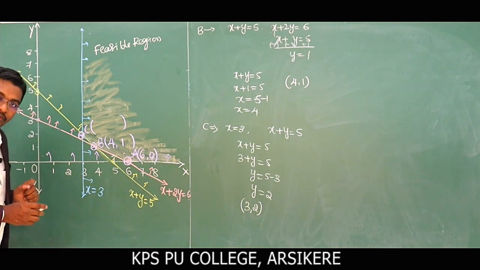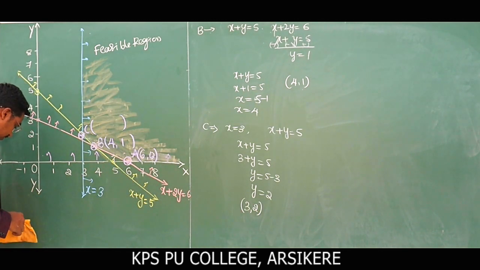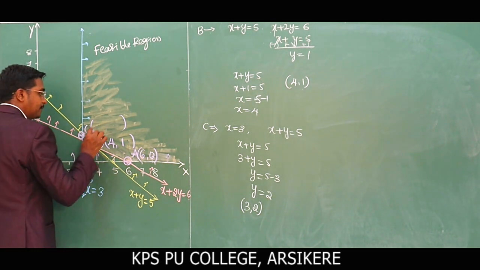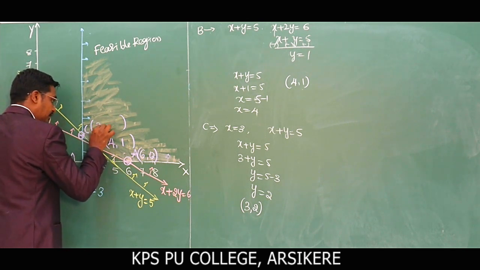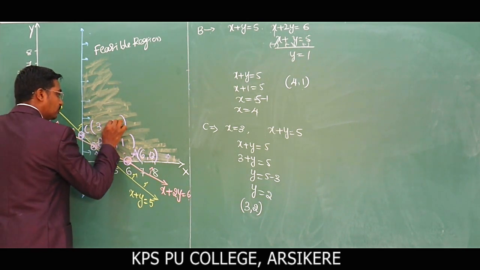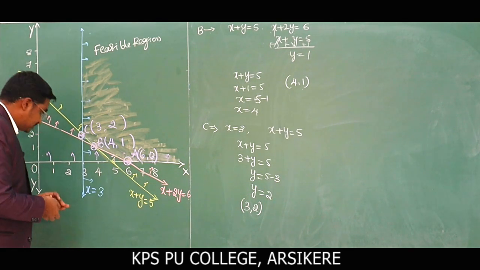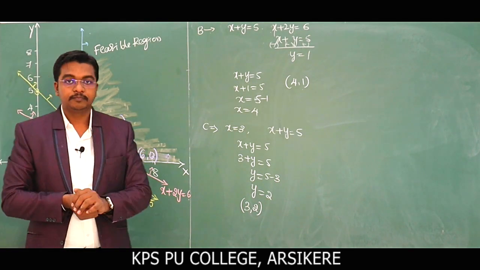So the point C is (3, 2). Clear? So you have obtained all the corner points, please note it down.